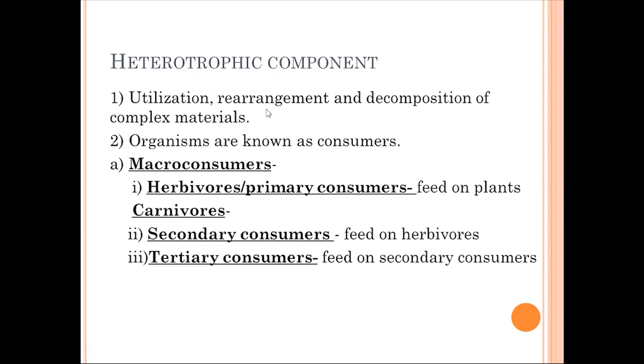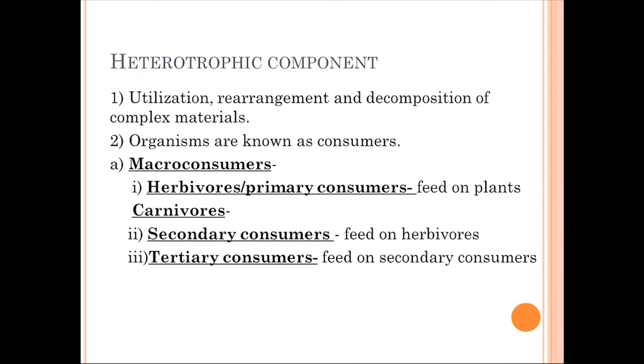These will be utilized by the other organisms. Then in their body, they will undergo rearrangement. That means complex carbohydrates will become simpler carbohydrates, so glucose will be formed. All that process will take place. So they will undergo rearrangement.